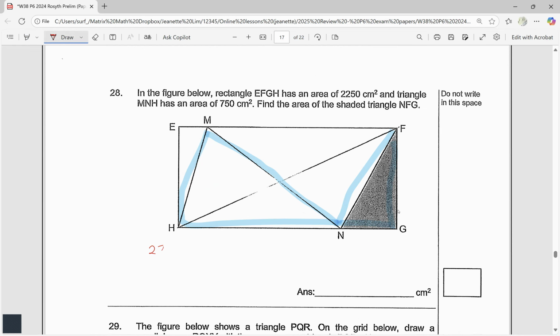So 2250 divided by 2 is 1125. Since M and H is 750, to find the shaded triangle, I'll take 1125 minus 750. So the answer is 375 square cm.